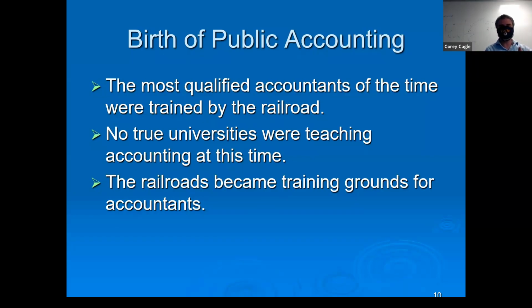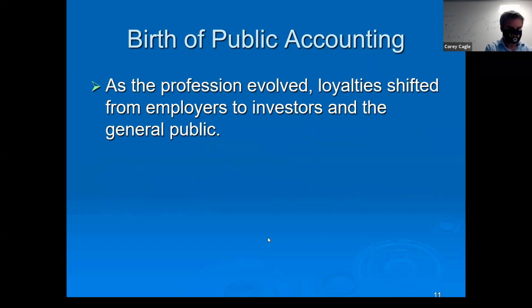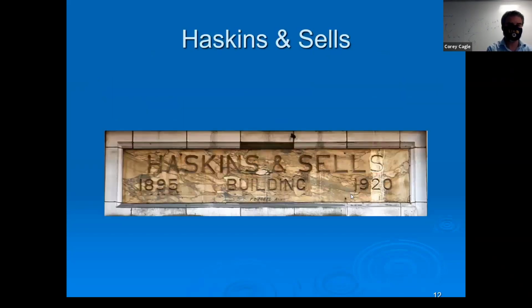We're different now; we usually start in public and flow into industry. As the profession evolved, loyalties shifted from the railroad employers more to the investors and then more to the general public. So public accounting was born and public accounting firms were formed.